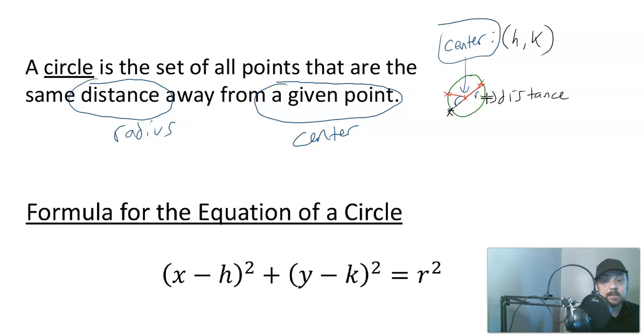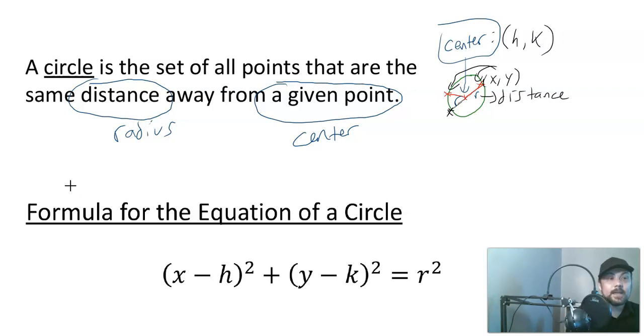They're all the same distance away from the center, but there's an infinite number of them, and the values vary. So we will represent a random point on the circle with just the x and the y variable, right? So any point, whether it's this point here or this point here, x comma y represents some random point that's chosen on the circle. It doesn't matter which point you're picking.